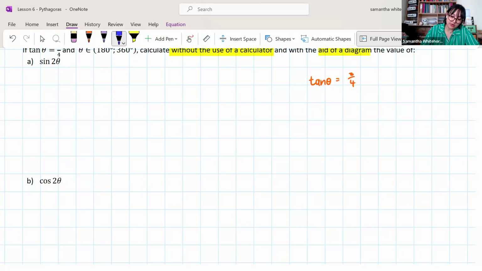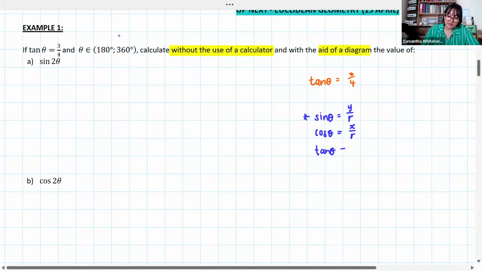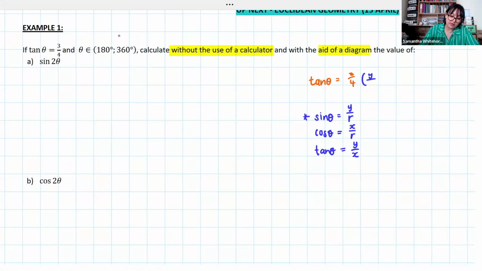If you think back to what you learned in grade 11, sine on your Cartesian plane is y/your radius. Cos on the Cartesian plane is x/your radius. And when I say x and y, I'm talking about the coordinates because we're on the Cartesian plane. And tan theta is y/x. So what we've been given here is a y value of 3 and an x value of 4. That's the first thing that we know.